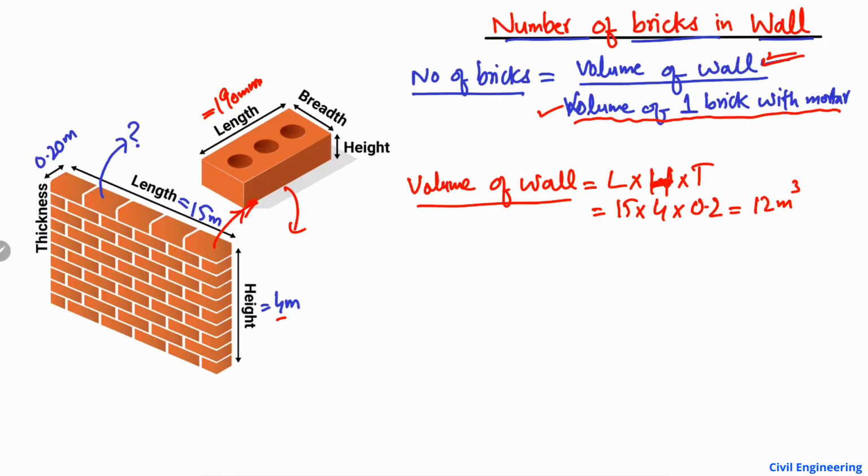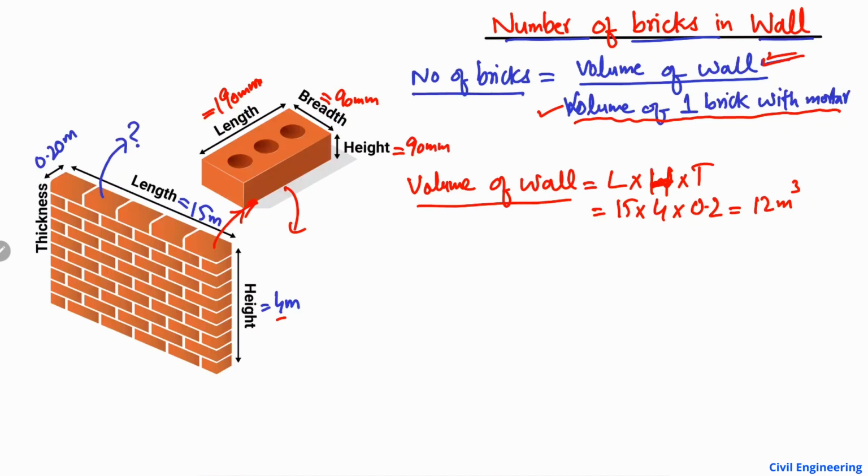It also depends on the country: some countries produce 220, some 150 millimeter. But let's suppose I'm taking 190 millimeter for the length, the stretcher. The width, known as the header, is mostly 90 millimeter in most countries, and the height is also 90 millimeter.